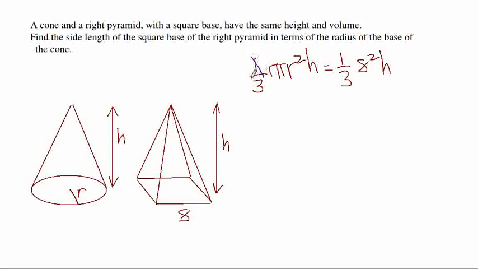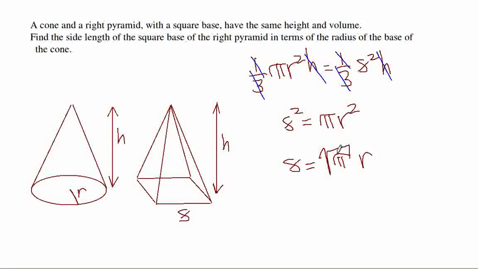I can cancel the 1/3 on both sides and the h on both sides. So I'm left with s squared is equal to pi r squared. Now I can take the square root of both sides, and I will get s is equal to the square root of pi times r.